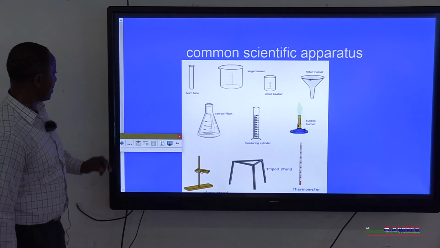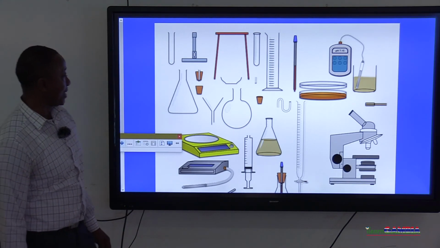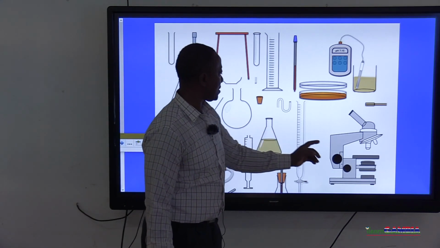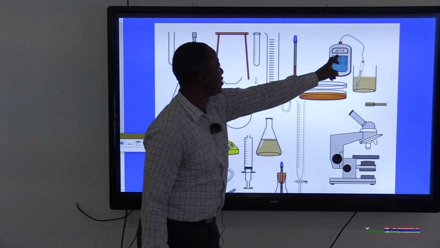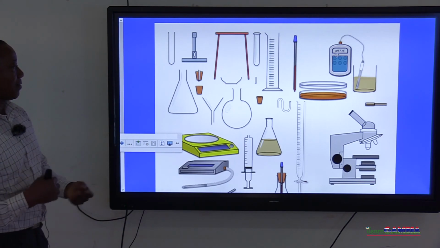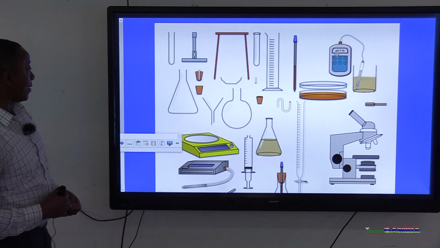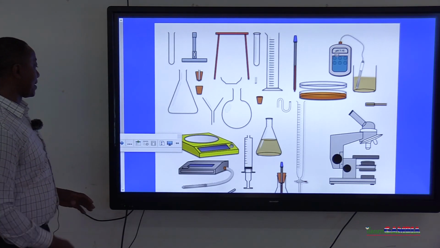There is more on this side. The ones I've not named yet would include the microscope and this one for measuring the pH of substances, how acidic or how alkaline they are. So you need to find out the names of all of these and what they are used for.